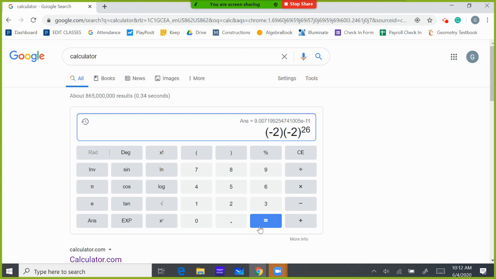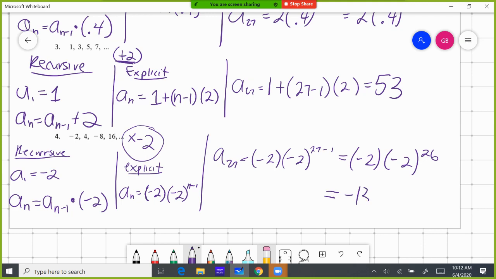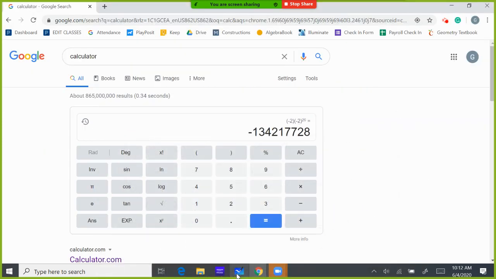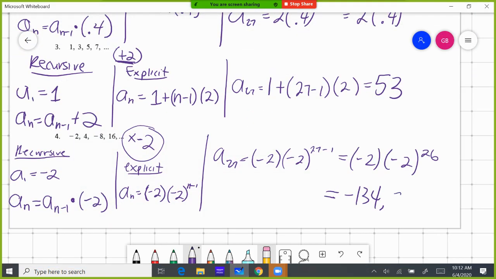Okay. All that will give you this big number here. Negative 134,217,728. Big number.